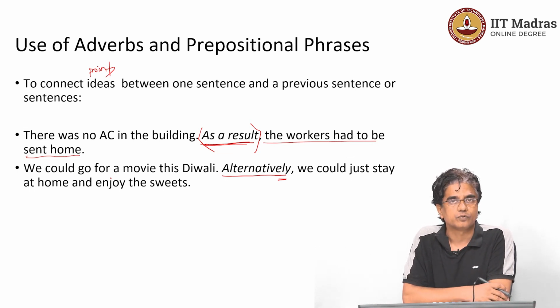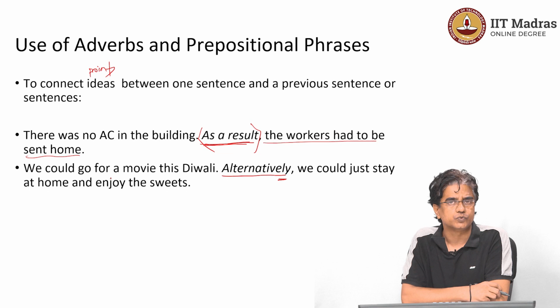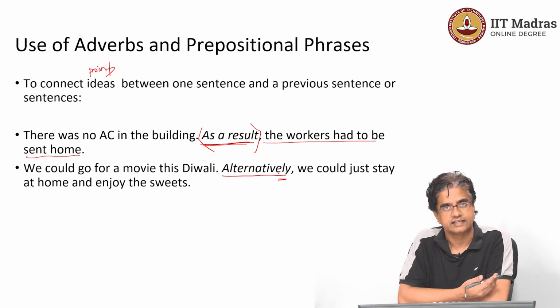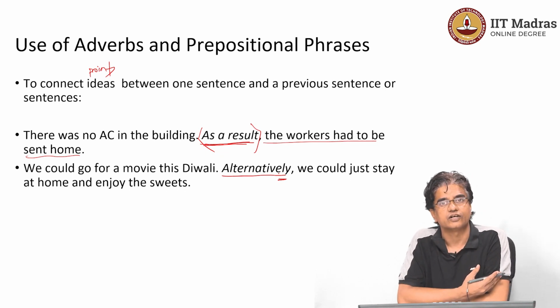So we are talking about, we could go for a movie this Diwali. We could stay at home and enjoy sweets. These are the two alternatives. So we connect it by saying alternatively, as it is obvious that these are alternatives.